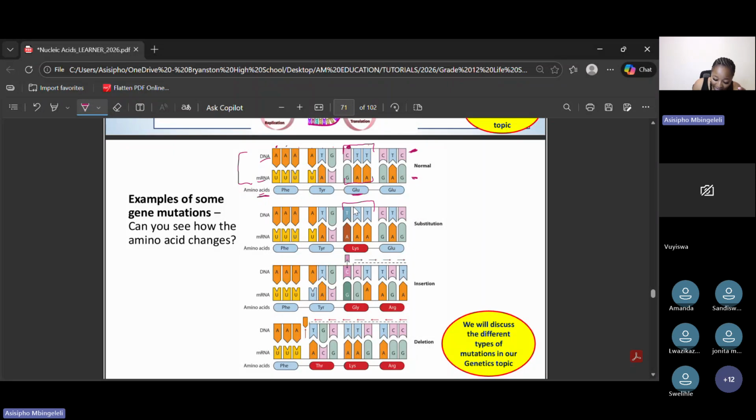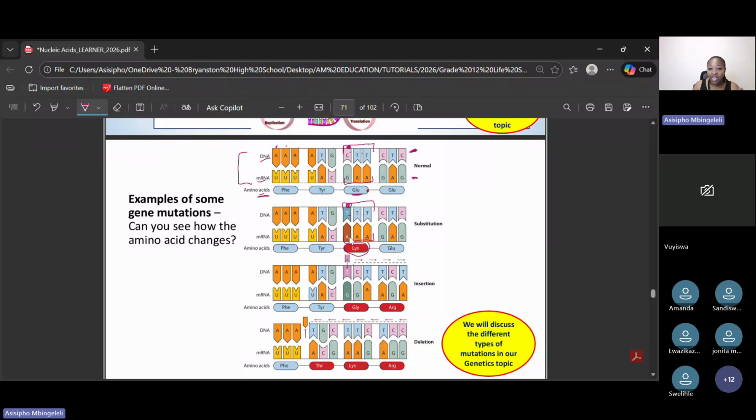We now have a T. So instead of CTT, we now have TTT, meaning there was substitution. C got substituted by T. This changed the bases in that codon. Instead of GAA, we got AAA. Let's look at the amino acid. The amino acid changed. We initially had glutamine that was coded for by GAA.